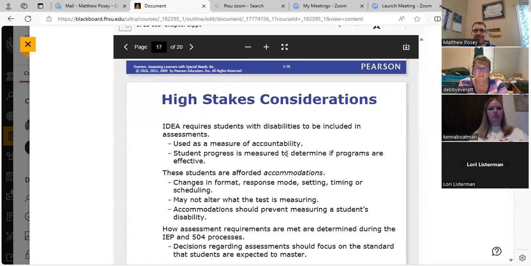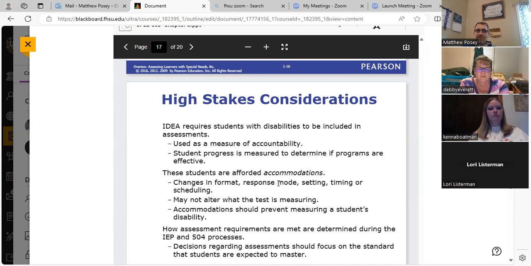Okay, we look at high stakes considerations, IDEA. It's used for accountability, also gauging student progress to determine if the programs they're in are effective. So we go in and reevaluate them too after they've been in special services for a while. Also for IDEA, we can afford accommodations, maybe changing a format or how they respond, their setting, or the timing of scheduling.